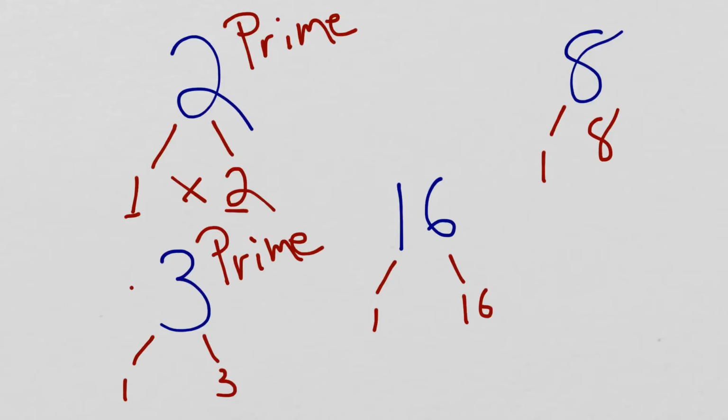Now how about 8? Well, yes, there are other factors other than 1 times 8. I can also multiply 2 and 4. So the fact that 8 has more than 2 factors makes it composite.